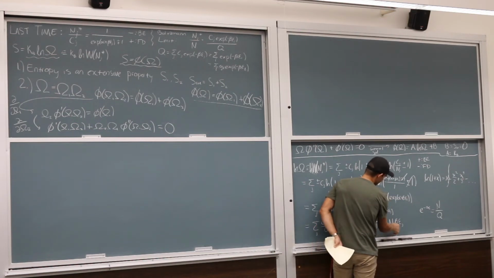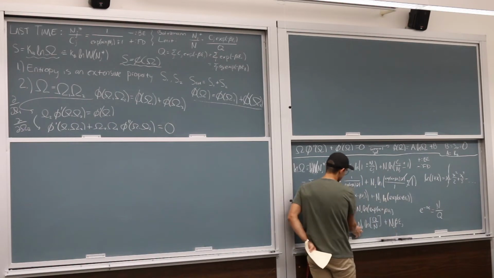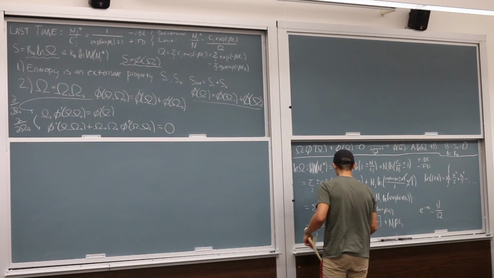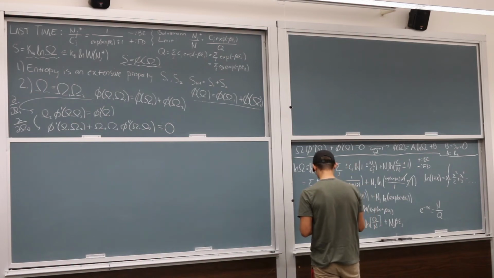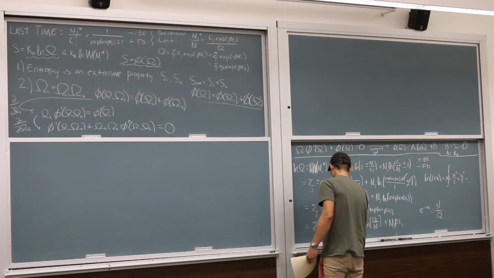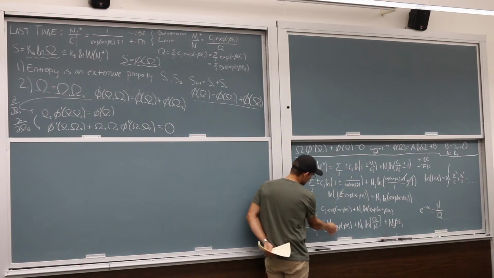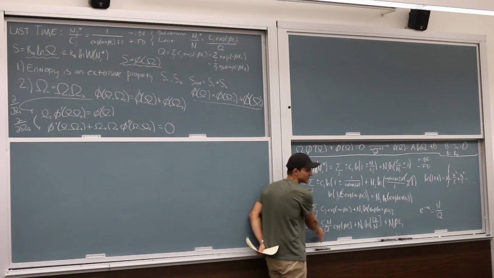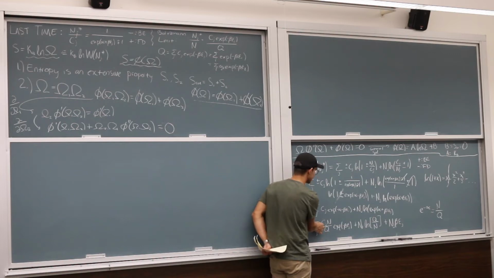So if you sum up Nj epsilon j over j, you're going to get the total energy E. If you sum up Nj over all of j, you're going to get the total number of particles, of course. And then the other thing is, the sum over j is Cj x the minus beta epsilon j. That is exactly the partition function, right? So the Q's are going to cancel in this expression.